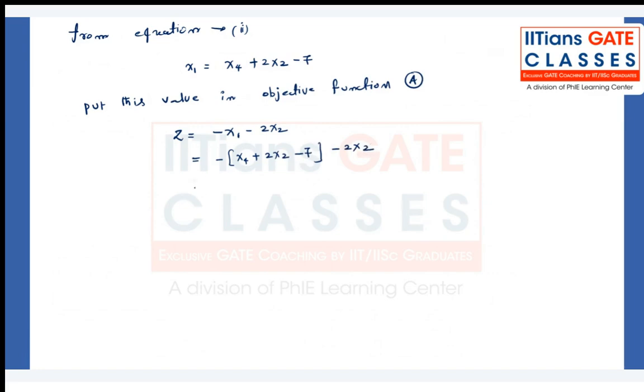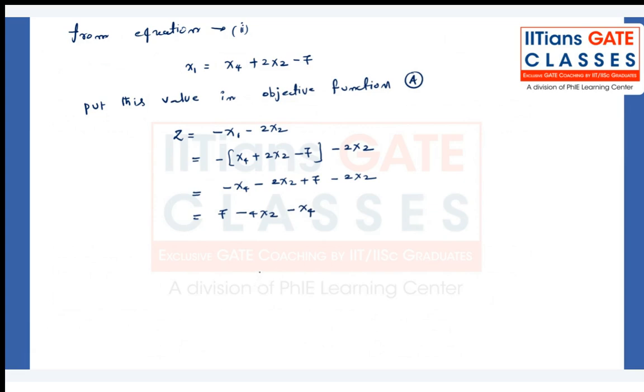Now send this inside: minus x4 minus 2x2 plus 7 minus 2x2. Now it is going to be plus 7, minus 2x2 minus 2x2 is minus 4x2, and then minus x4. Now this is also not given.